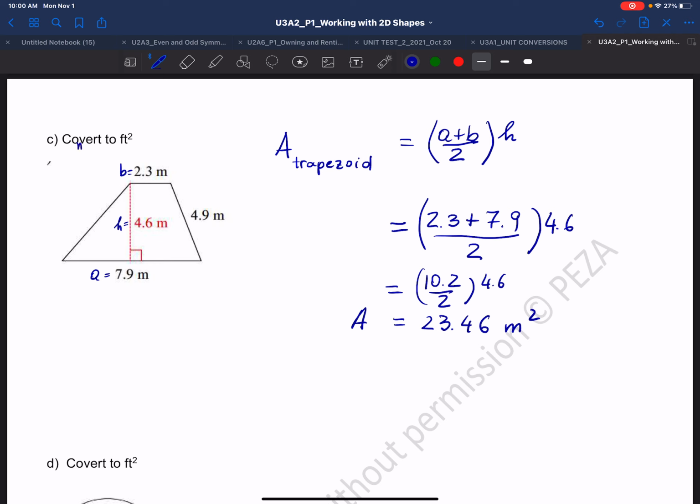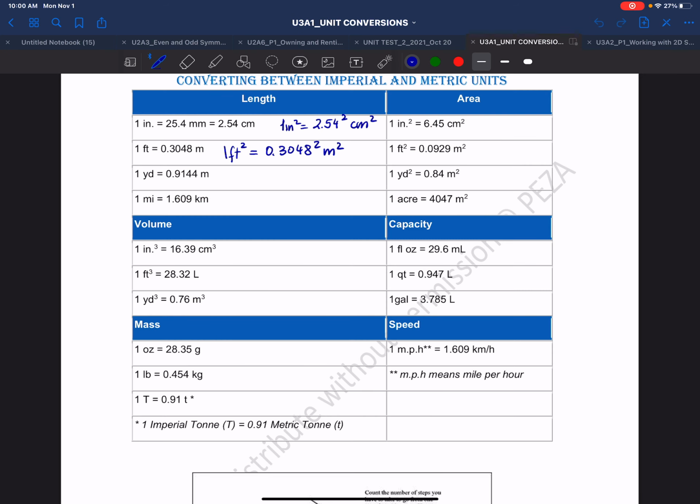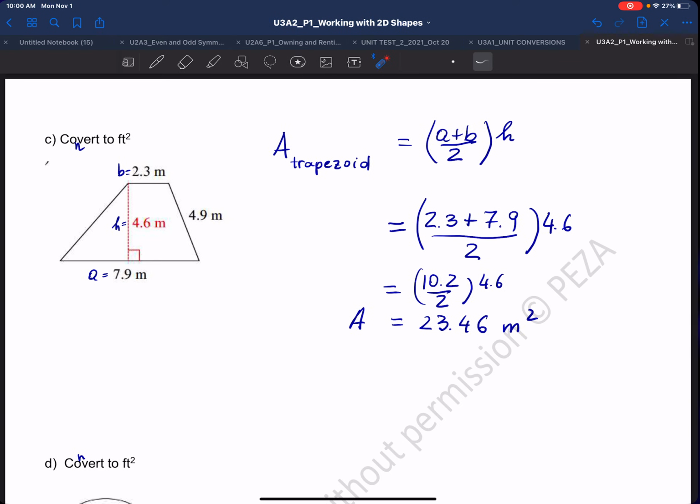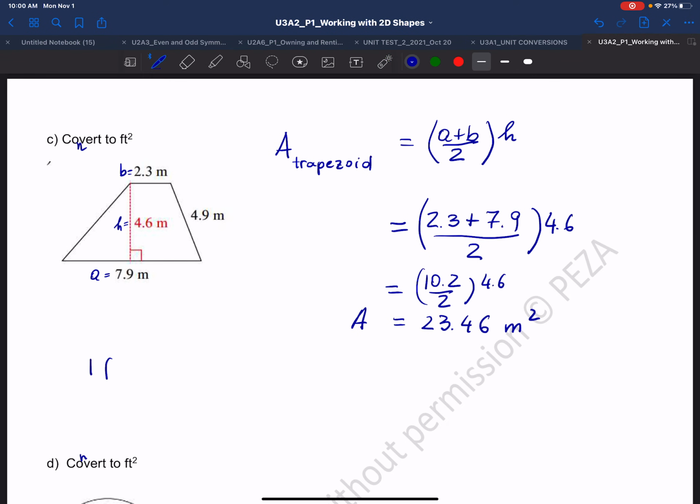So we want to find the area in feet squared. And notice how I've misspelled convert everywhere. So we're going to say that we need conversions between meters and feet. So check the chart. Meter to feet, we have to go to the length. We have 1 foot equals 0.3048 meters, which means that 1 foot squared would be 0.3048 squared meters squared.